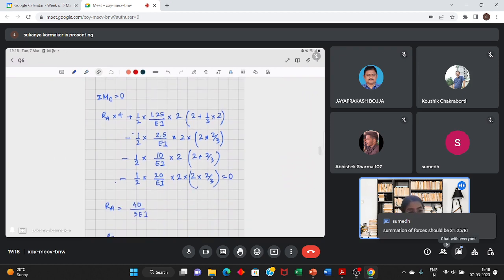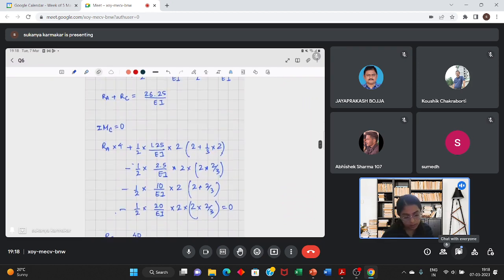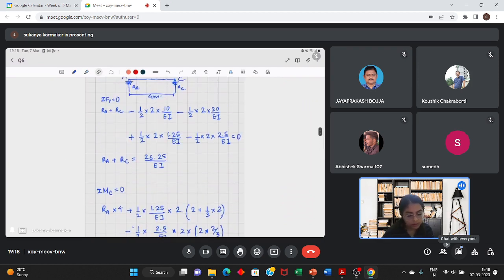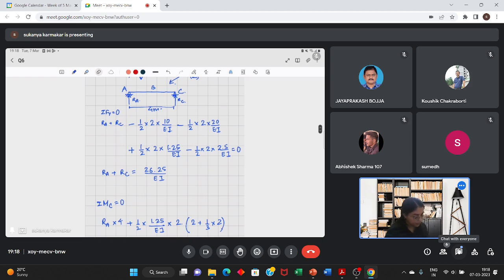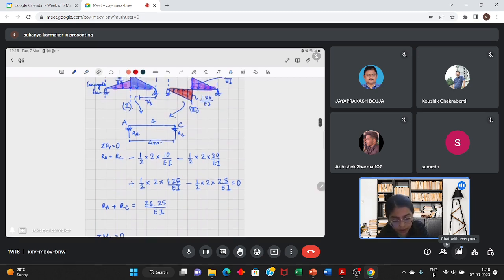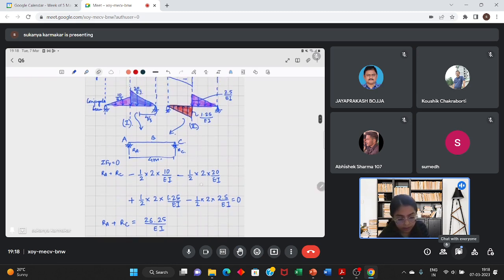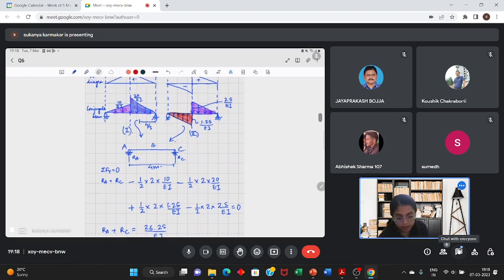Okay, 31.25 EI, summation of forces. Okay, this equation, let me check. Half into base into height, half into base into height in the downward direction, so it is negative. This is in the upward direction, half into base into height plus half into base into height.